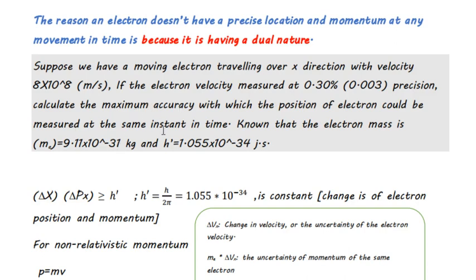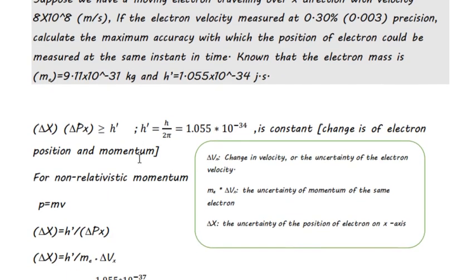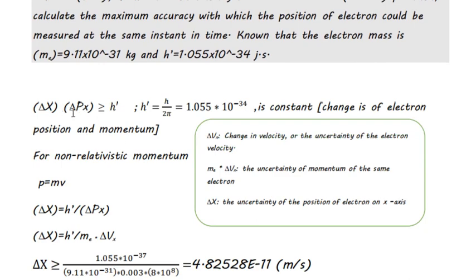So we have to calculate delta x. The known values are the electron mass and the h bar. Applying the Heisenberg uncertainty equation, from this we have to calculate delta x, which is mainly the uncertainty of the position of the electron on the x-axis.